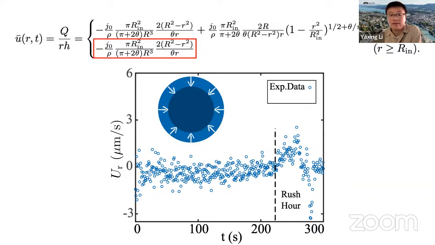You can see this is the experimental data we took, and this is the theory we have. It works, they agree with each other very well. Only the little part I just mentioned, the rush hour, where some particles have to go somewhere because they basically have nowhere to go. Hopefully in the future we can overcome this.